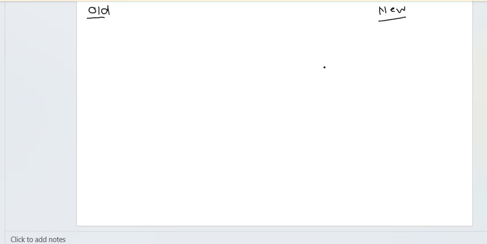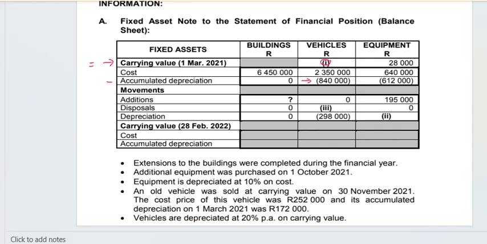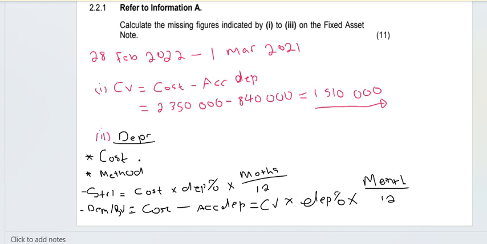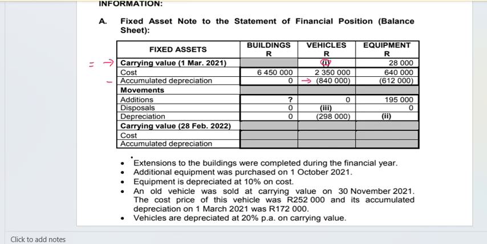I always recommend people to just start with new because new will always be simple. Again, let us apply this. We need the cost of new, and the method, which is 10%, and we are told the date it was purchased because we'll use that for months.